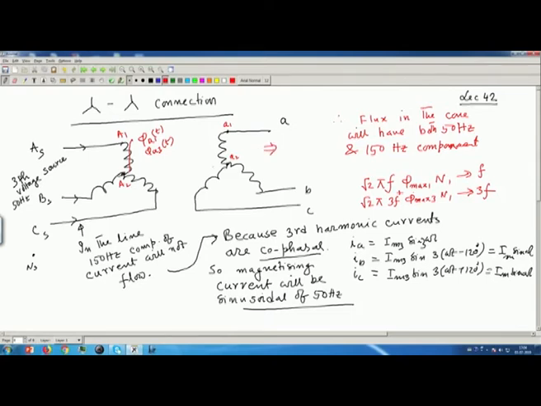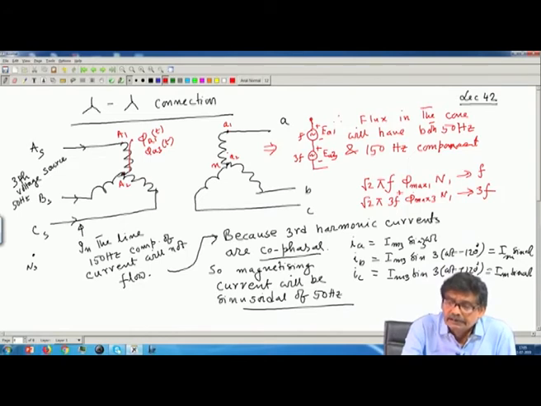Between A and this n, small n, there will be one source E A 1 and another source E A 3. Of course, they are of different frequency, f and 3 f. Two sources of EMF will be existing between A 1 and A 2. And similarly for B phase and C phase.